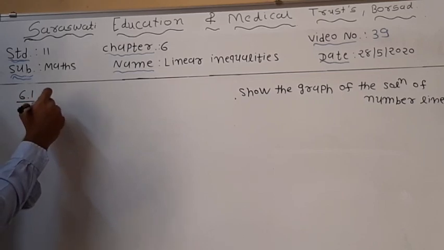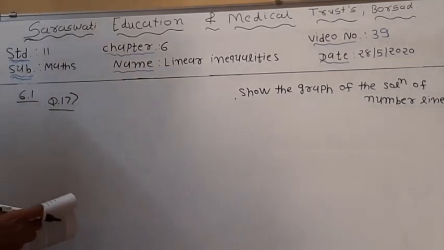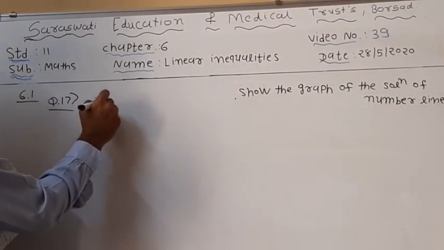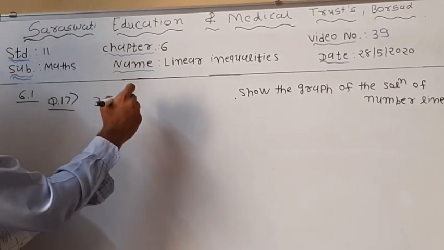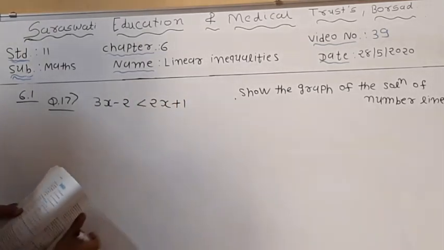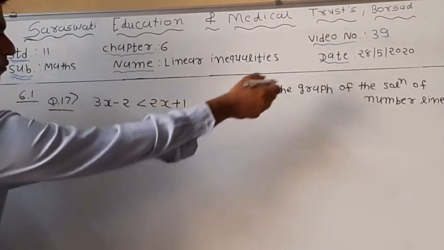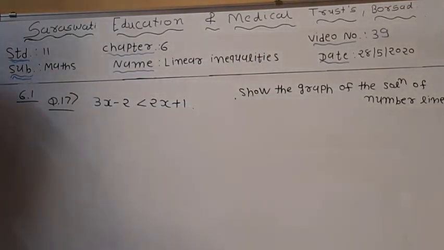Exercise 6.1, question number 17. Solve 3x minus 2 less than 2x plus 1 and show the graph of the solution on the number line.